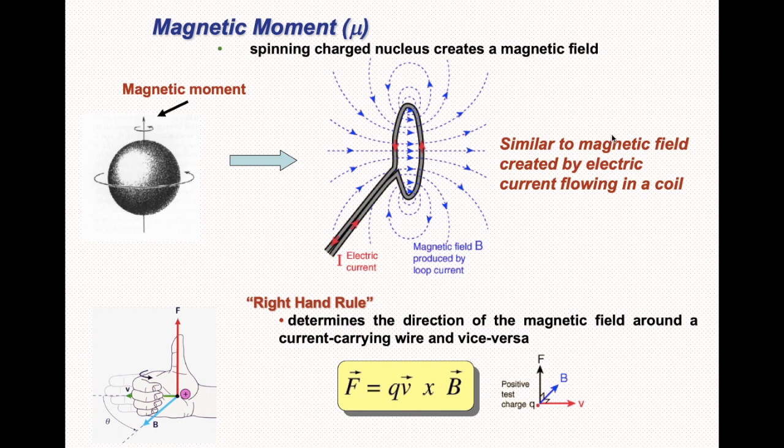This is similar to the magnetic field created by electric current flowing in a conducting coil. The right hand rule is really helpful to determine the direction of the magnetic field created around a current carrying wire and vice versa. So the point here is, because of the spinning motion, the nucleus will behave like a tiny bar magnet.